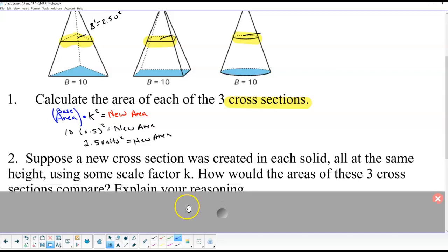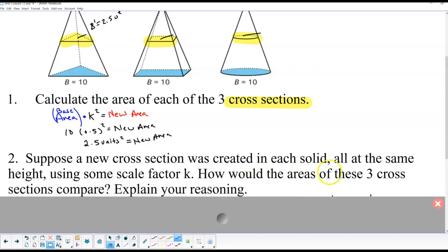Now, suppose a new cross section was created in each solid at all the same heights using some scale factor k. How would the area of the three cross sections compare? So now instead of being exactly 0.5, what if we left it as just k? k is my scale factor.